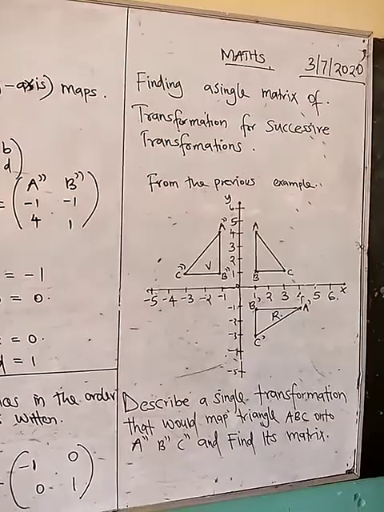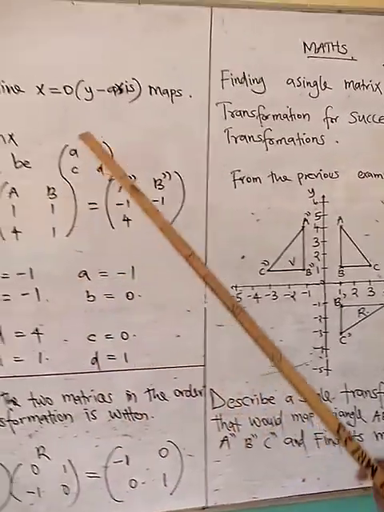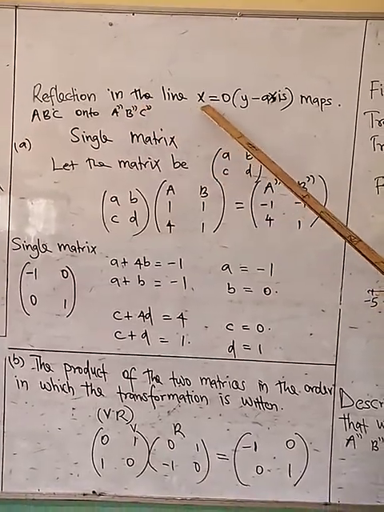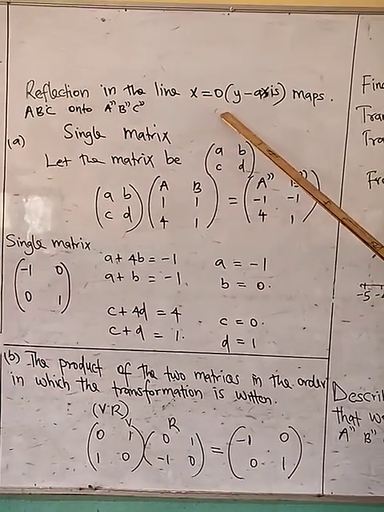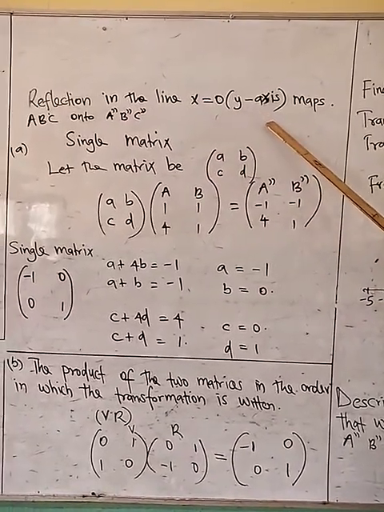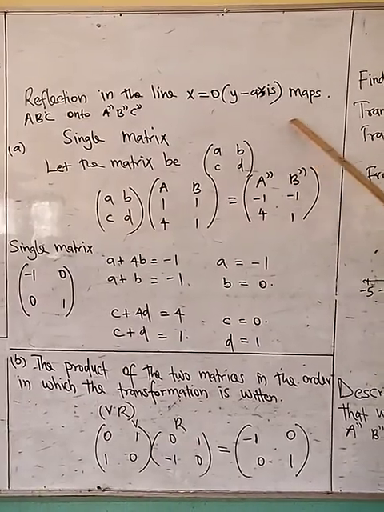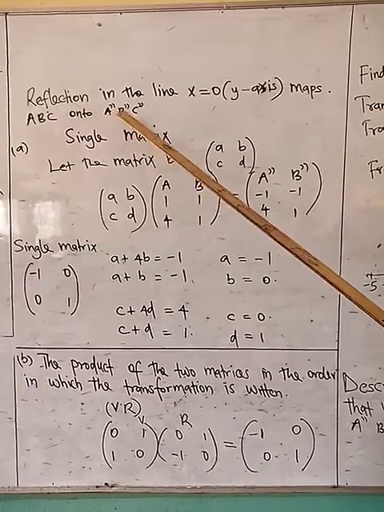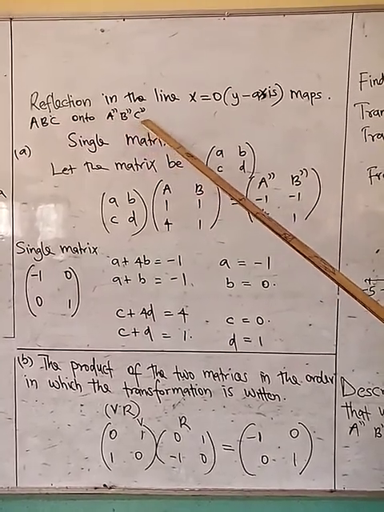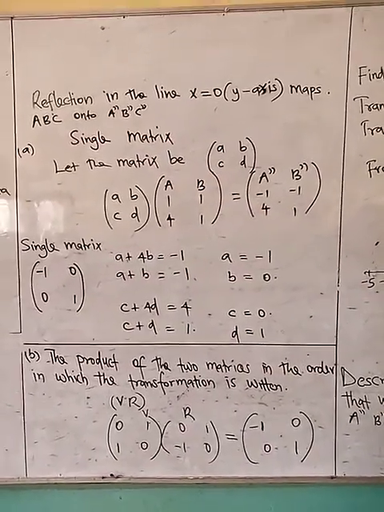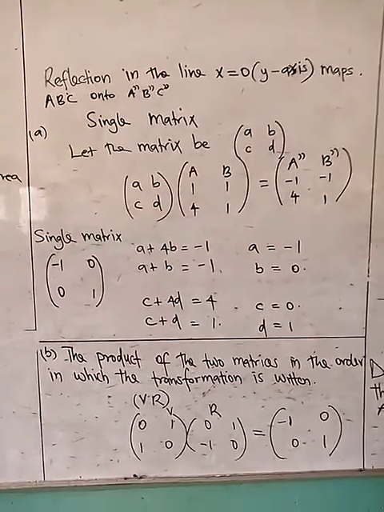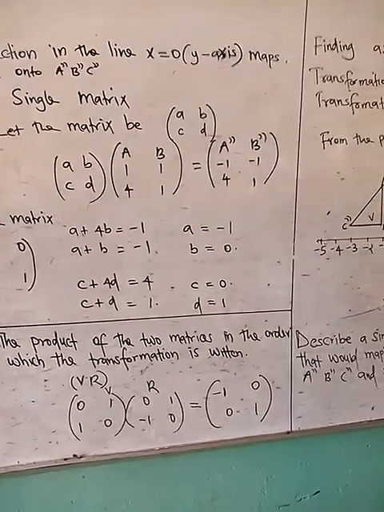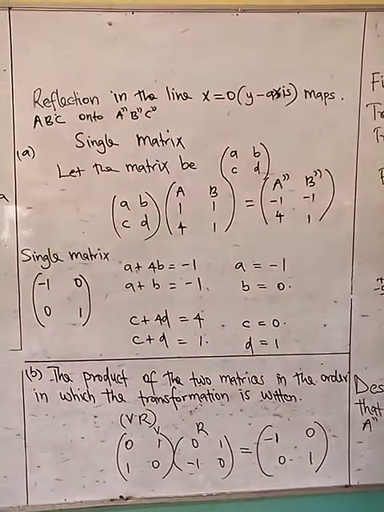That is why we say the matrix is a reflection in the line x = 0, or the y-axis, that maps A, B, C onto A double prime, B double prime, C double prime.